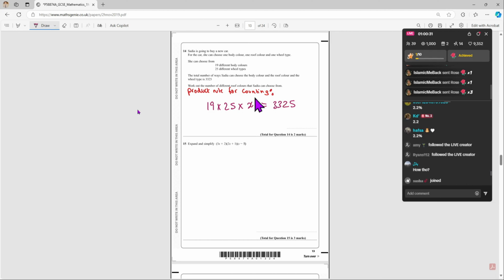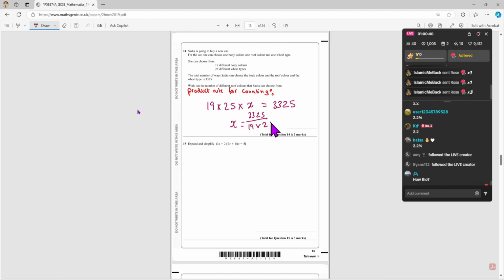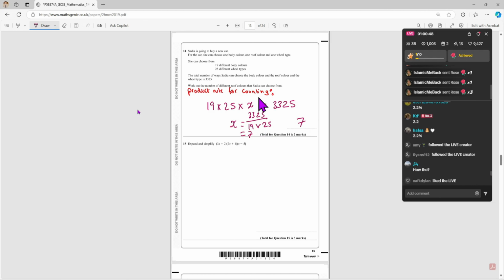So once you've gotten that, we have to work out the number of rooftops. So x is going to be equal to 3,325 over 19 times 25. We know that that's going to be equal to 7, and that is going to be your answer. Very, very easy. Okay?